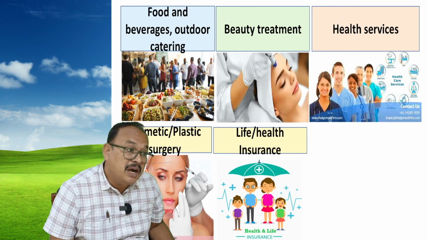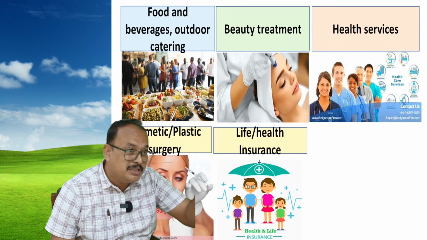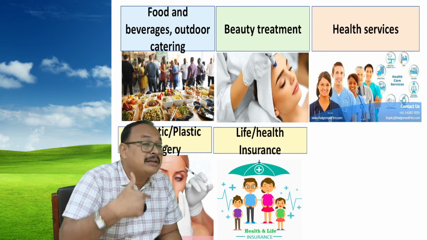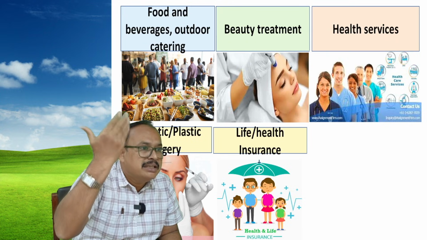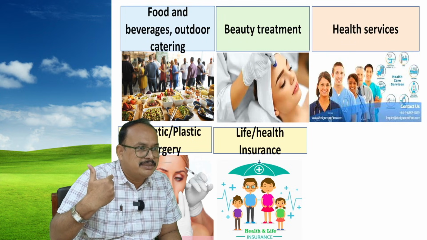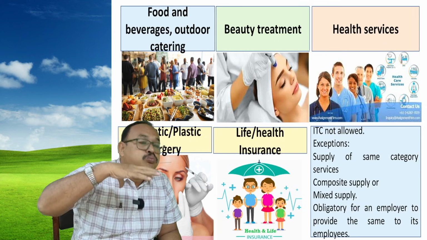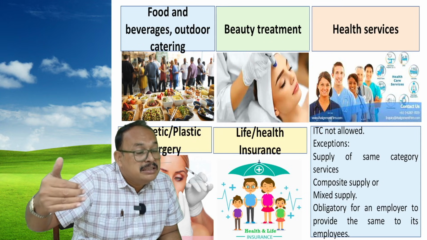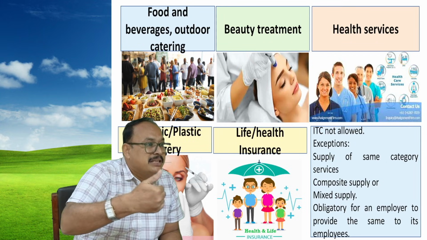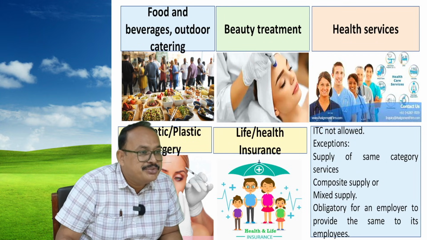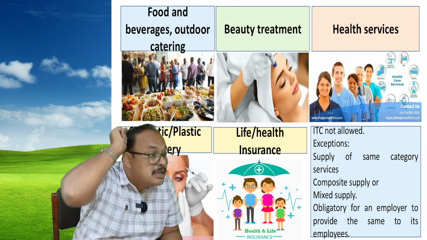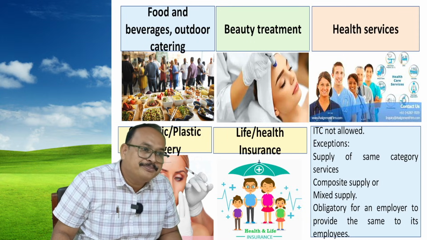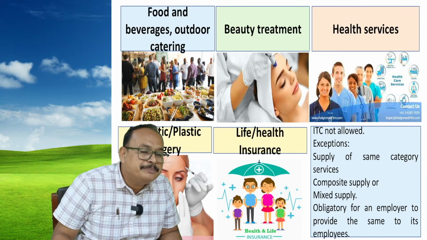However, if I am using this as an element of a composite supply or mixed supply, where the principal supply attracts GST, can I avail ITC? Yes. If I am providing similar type of services and I got services as input from a similar line of business, can I avail ITC? Yes. If it is an obligation of the employer to provide to the employee, can I avail ITC? Yes. Get my point, sir?